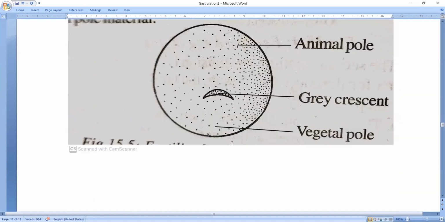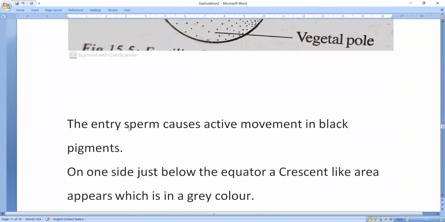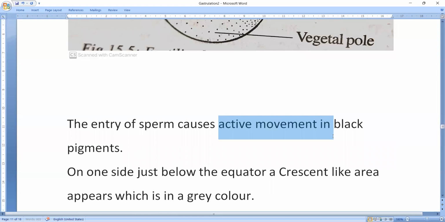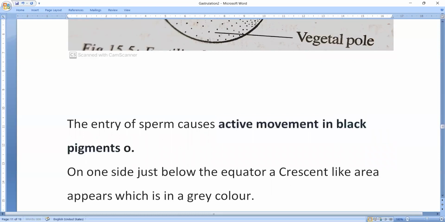After the entry of sperm, there is active movement in the black pigments of the egg cortex.